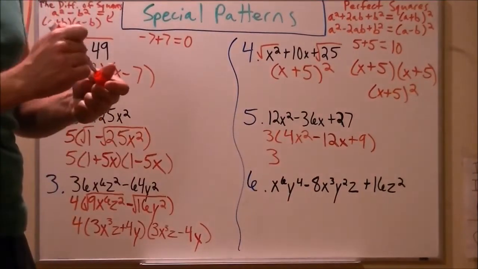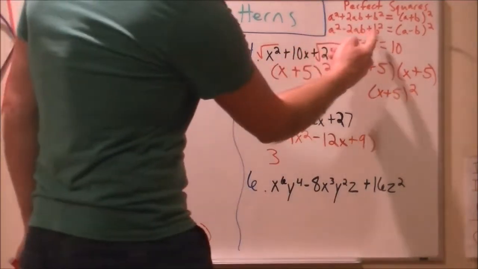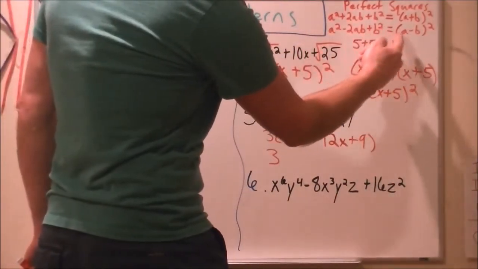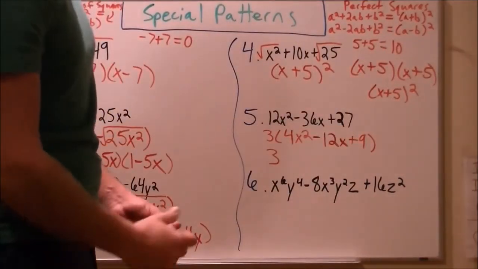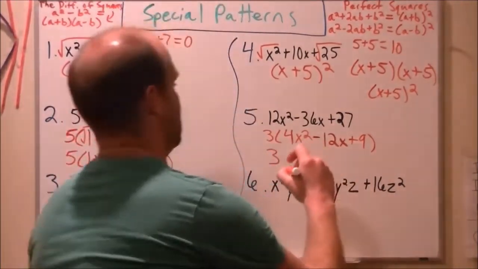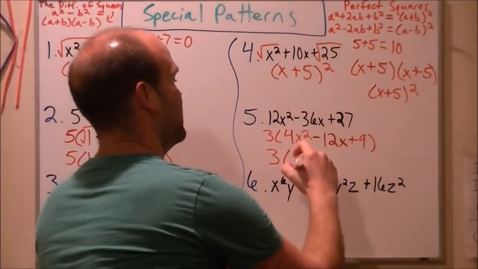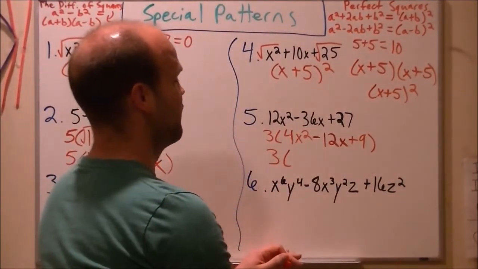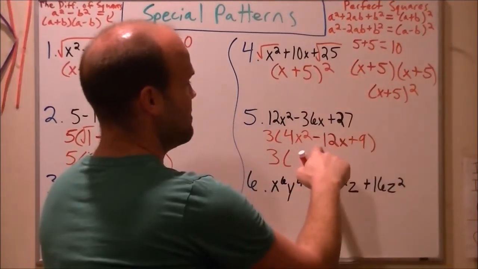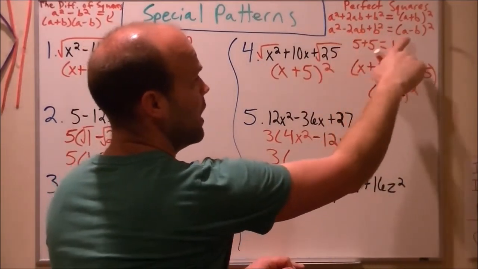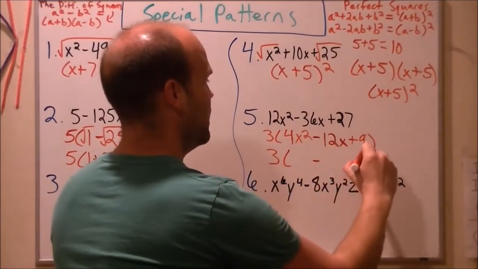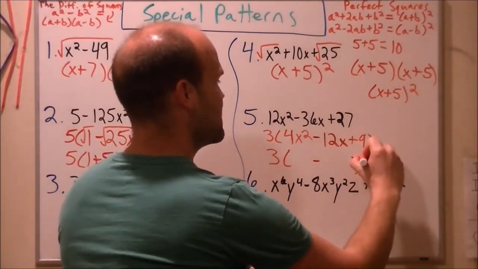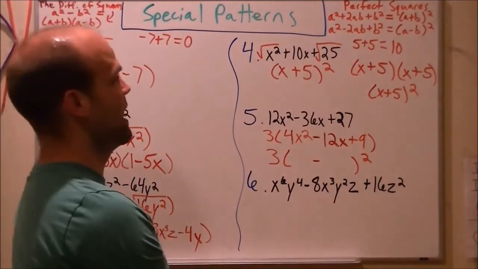And therefore, I have a perfect square rule that I can follow as a shortcut to get me to an answer just like that. What I'm going to have is a term in the front. And because the middle number is negative, I'm going to have a minus sign after that term in the middle. I'm going to close the parentheses, and then I'm going to square the entire thing.